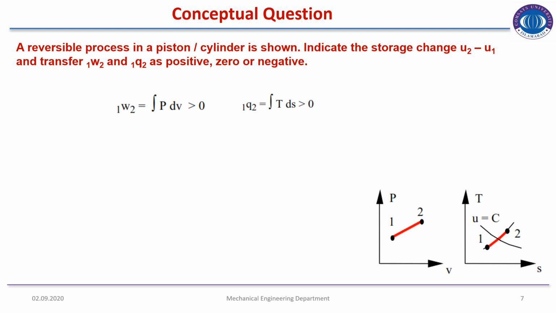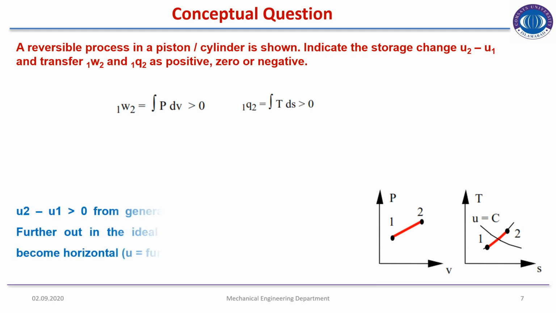For W1 to 2, that is equal to integral P dV, that is greater than 0, because the pressure is increasing, and Q1 to 2 is equal to integral T dS, that is also greater than 0, because the change of entropy is greater than 0.